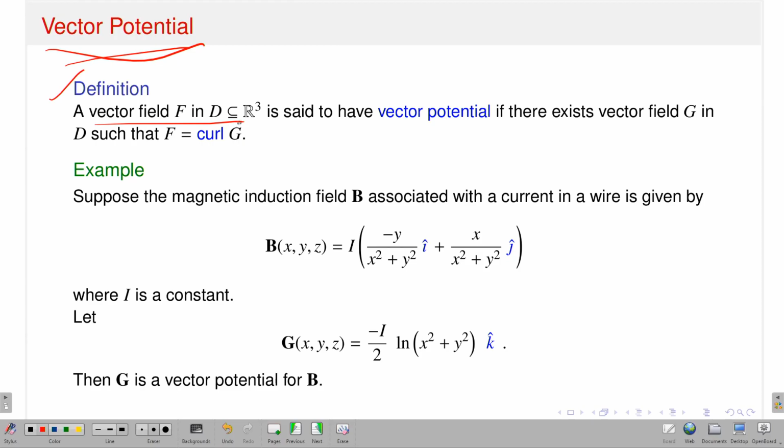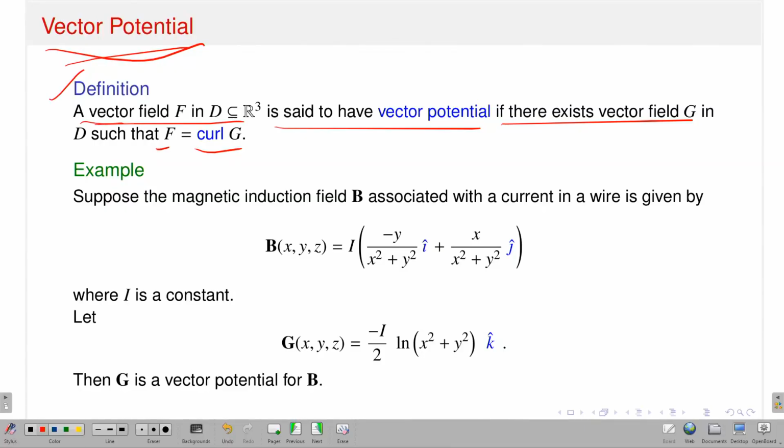A vector field capital F in the domain D, a subset of R3, is said to have a vector potential if there exists a vector field capital G in D such that F is the curl of G. So start with a vector field F in some domain, a subset of R3, and that vector field is said to have the vector potential if I have another vector field G such that if I take the curl of G, it coincides exactly with my vector field F, which I started with.